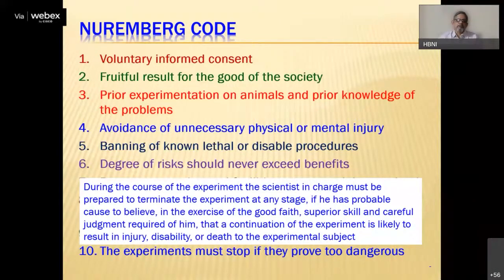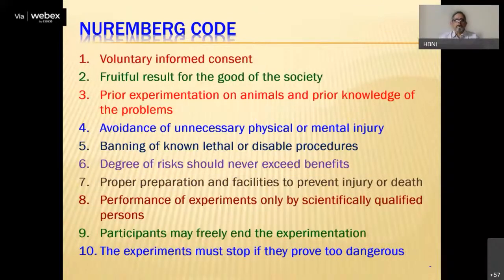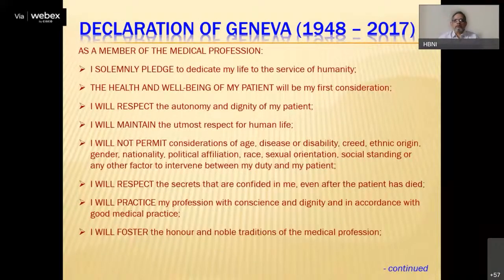And after which there were several other codes, or guidelines, which were formulated in the field of medical ethics. One of which was the Declaration of Geneva, and it was initially done in 1948 with several modifications down the line, and the last modification was done in 2017.